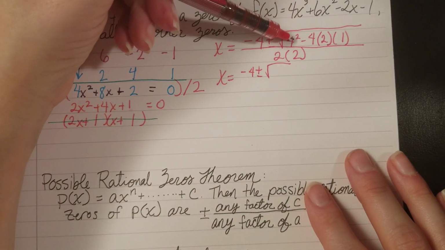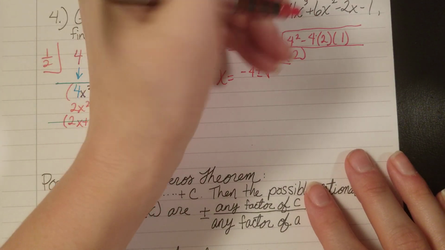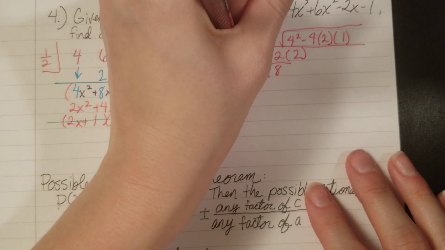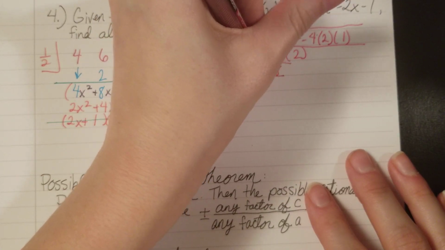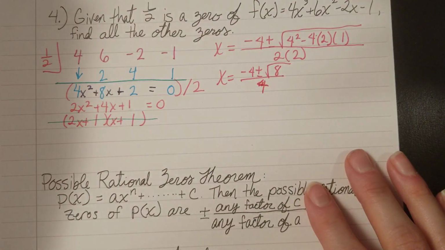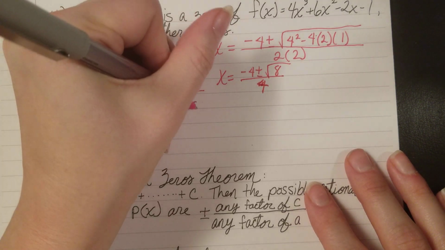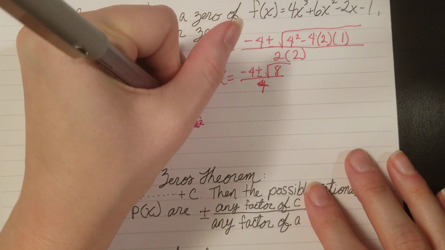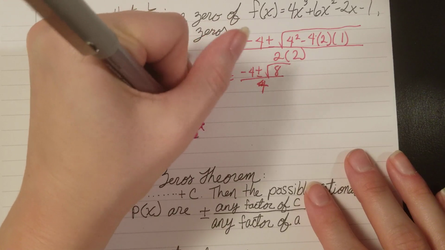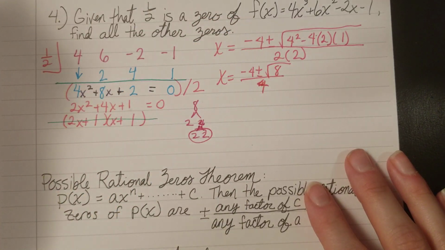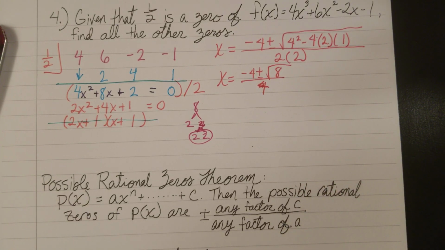That would be 16 minus 8, which is 8. 2 times 2 is 4. We can break down the square root of 8 with a factor tree. So the square root of 8 turns into 2 times the square root of 2.